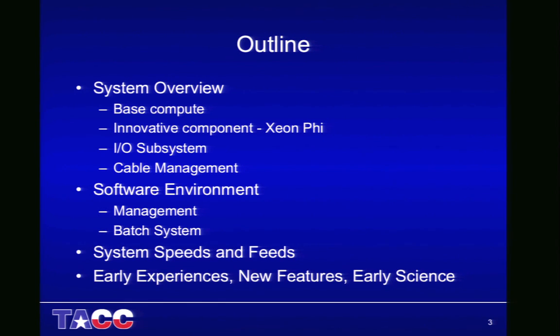One of them will be cable management. Then we'll switch gears and talk about the software environment, and talk about the batch system that we deployed, in this case very briefly. And then I'll go through some system speeds and feeds, just the usual kinds of performance metrics that you might be interested in for a new system, and try to end with some early experiences, sprinkle in a new feature or two, and show some people doing early science on the system.